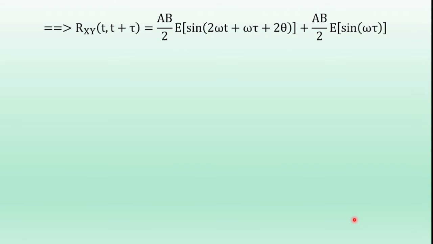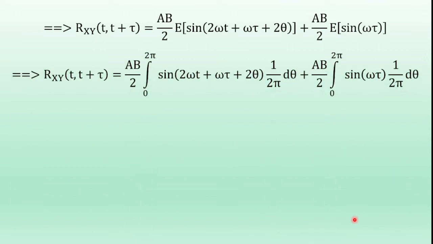Now applying the expectation to each term, Rxy of tau equals AB by 2 into expectation of sin of 2 omega t plus omega tau plus 2 theta, plus AB by 2 into expectation of sin of omega tau.